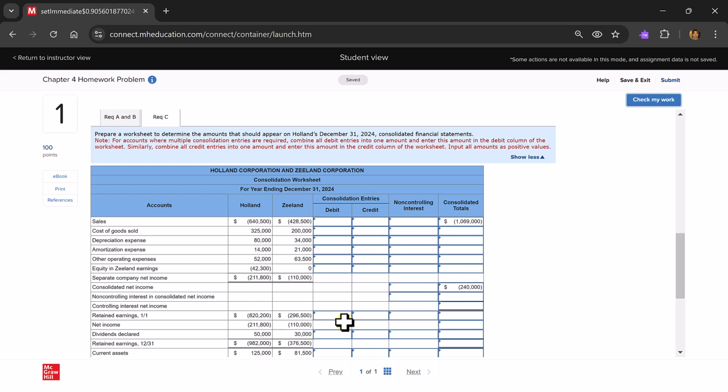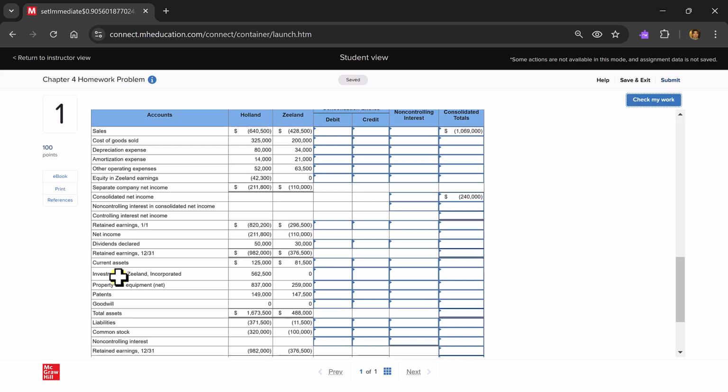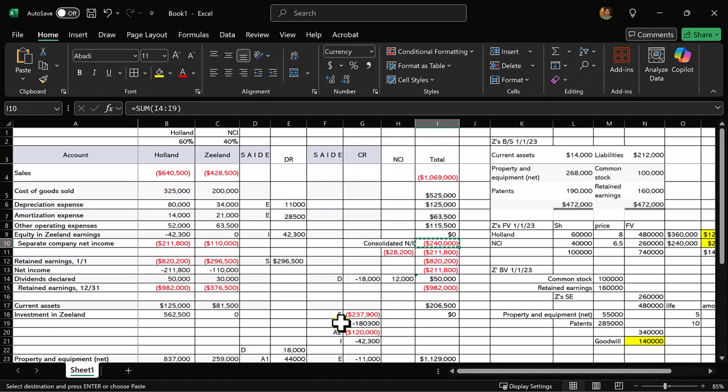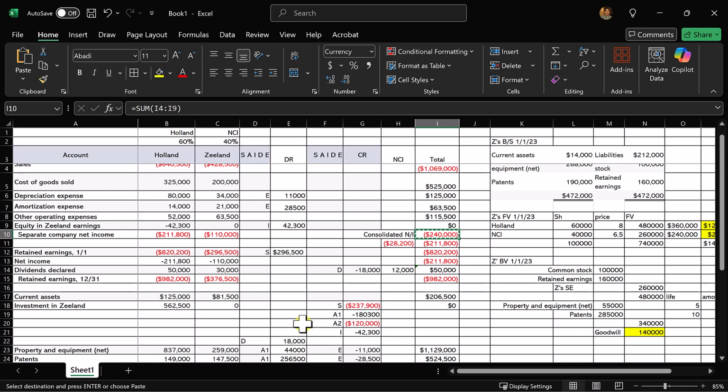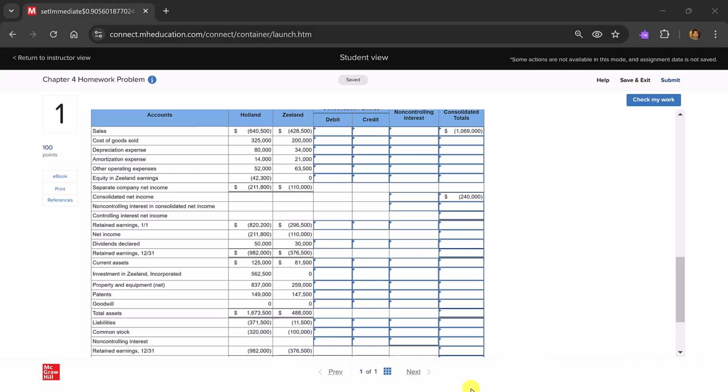How about where, for example, the asset here, investment in Zealand, you have only one row. So what you're going to do is combine here, investment in Zealand, all of these rows. So if I drag over it, here's the total credits. 580,500 credit.